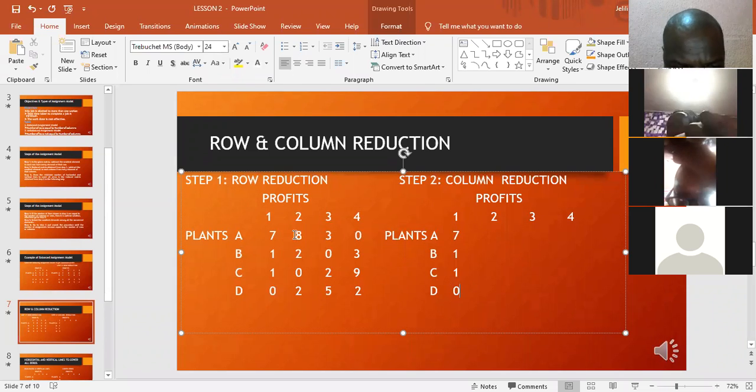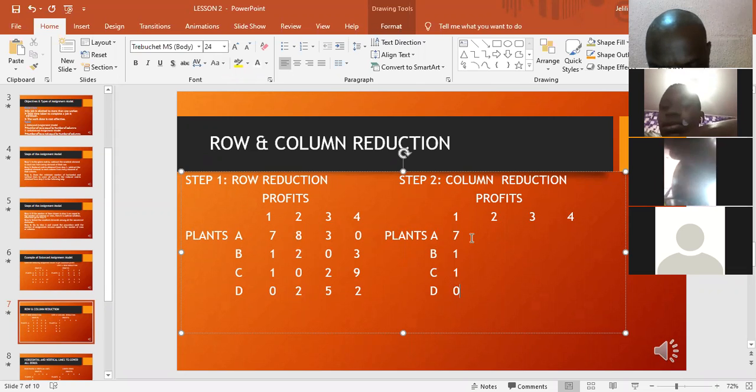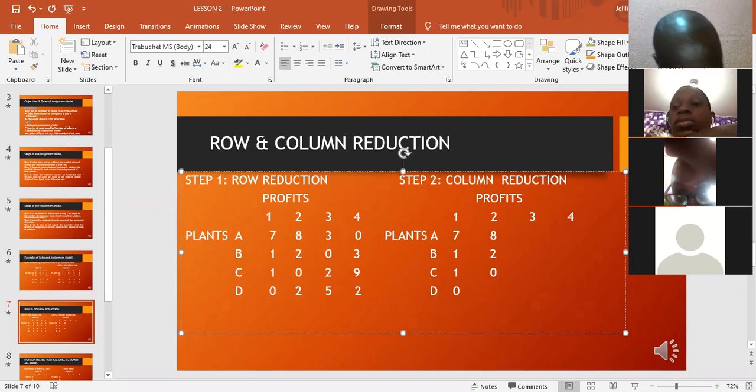This is the second column. We have 8, 2, 0, 2. What is the smallest? 0. Okay. 8 minus 0, that's 8. 2 minus 0 is 2. 0 minus 0, 0. 2 minus 0, 2. Now, this is the third column, from 3, 0, 2, 5.